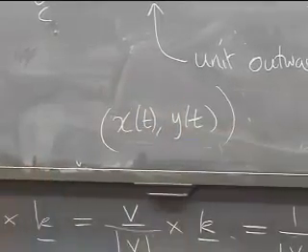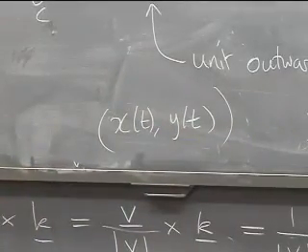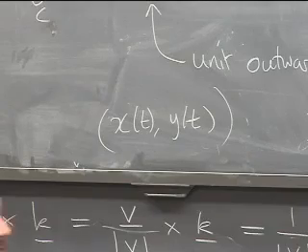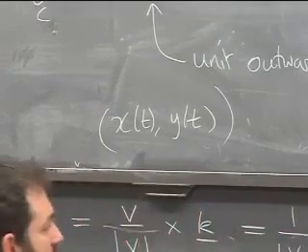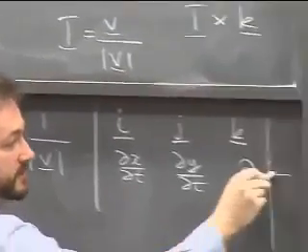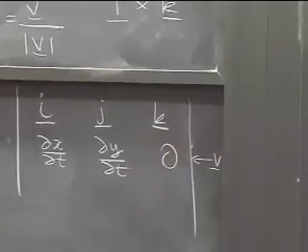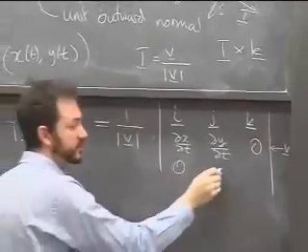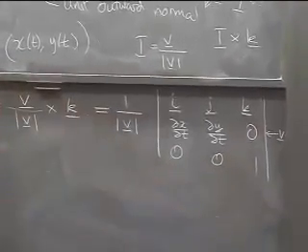There's no z coordinate. This is just a planar curve. So the k coordinate is 0. That's the v vector here. I need to cross that with k, which is just 0, 0, 1. That's the one pointing out.